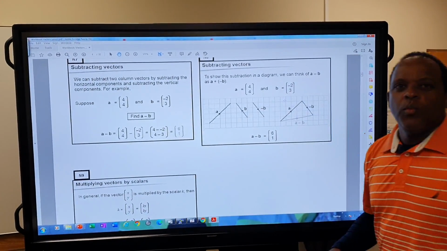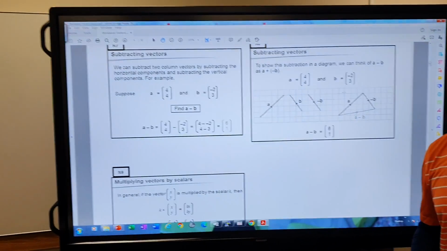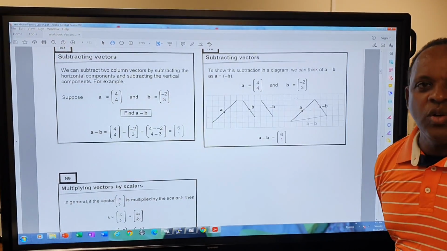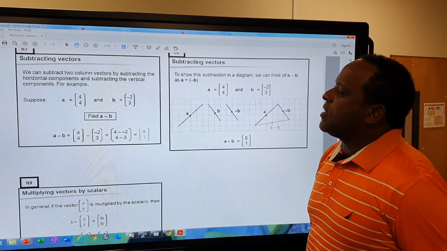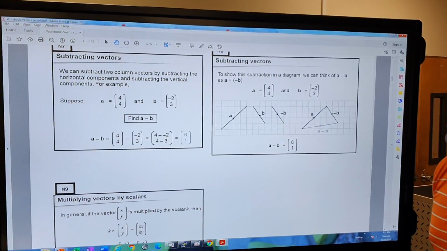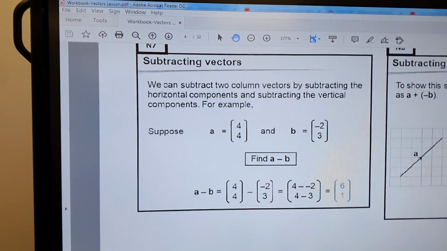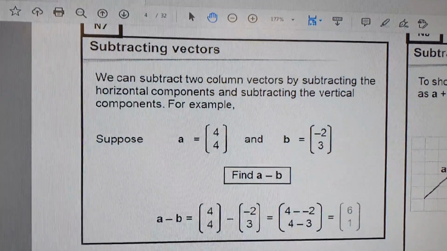Now, we've just gone through addition. We can also subtract vectors. We can subtract two column vectors by subtracting the horizontal components and subtracting, again, the vertical components.